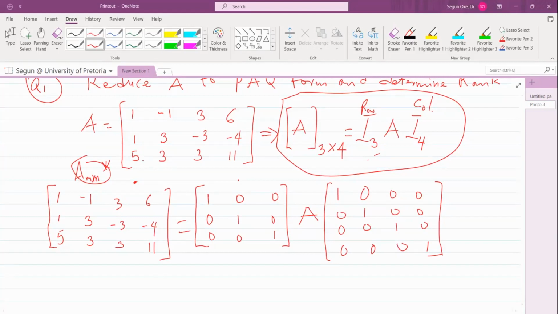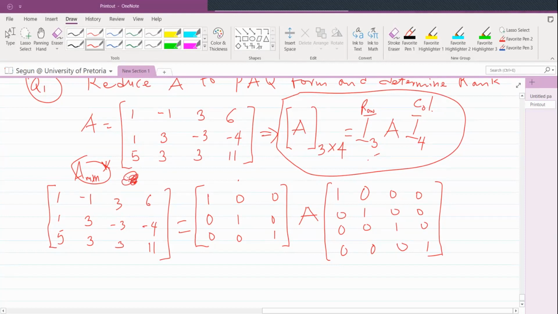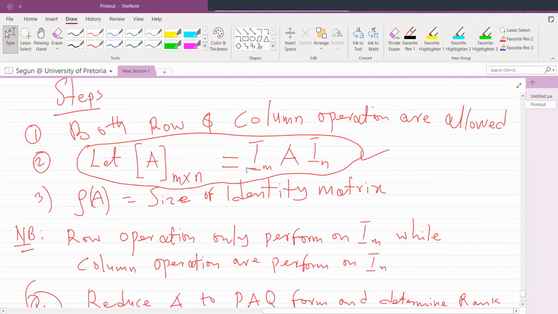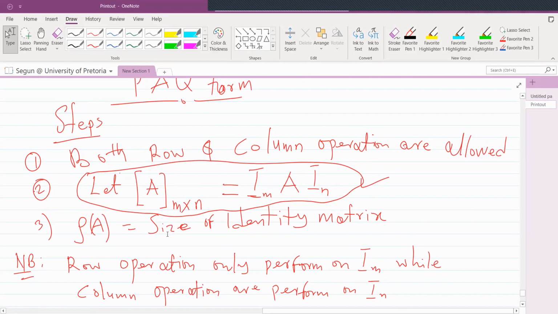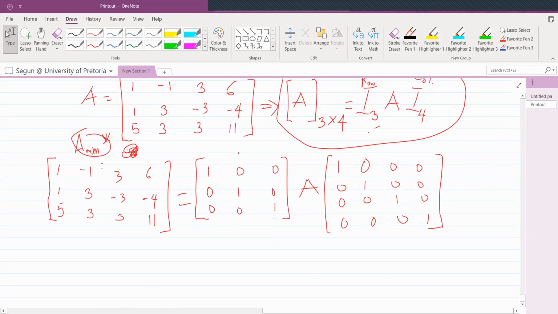How can we make this one, that I'm dotting, an identity matrix? That is our target. If you check the steps, it is stated here: the rank of A is equal to the size of the identity matrix that you are able to get at the end of the day. So let's continue.